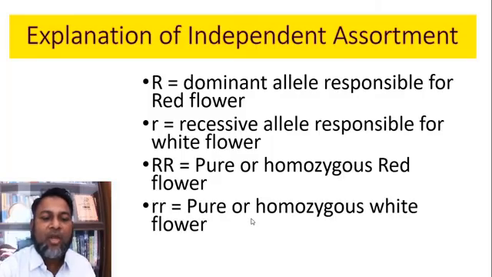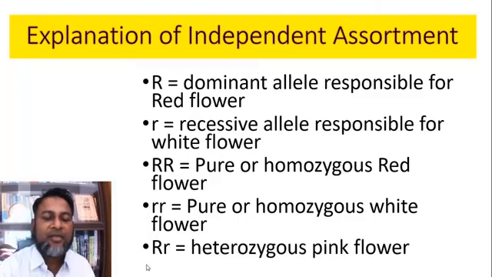Small r small r is pure or homozygous for white flower. The exception or deviation we found is for capital R and small r. This is the heterozygous genotype, and this heterozygous genotype gives a pink flower.